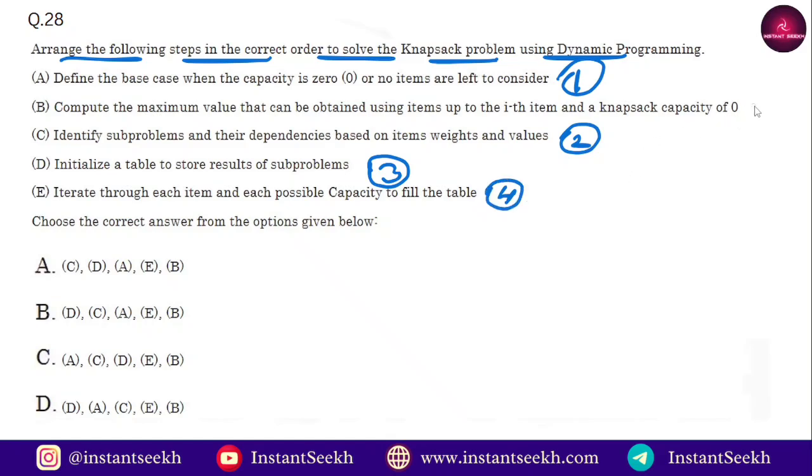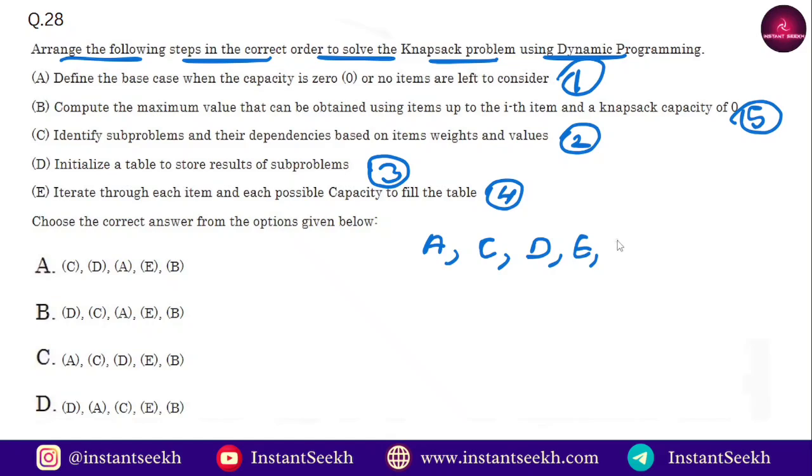And last, compute the maximum value that can be obtained using items up to the ith item and a knapsack capacity. So the correct sequence is: A, first define the base case where the capacity is 0 and no items are left. Second, C, identify subproblems and the dependencies. Then initialize a table to store the results of subproblems, that is option D. Then iterate through each item and each possible capacity to fill the table.